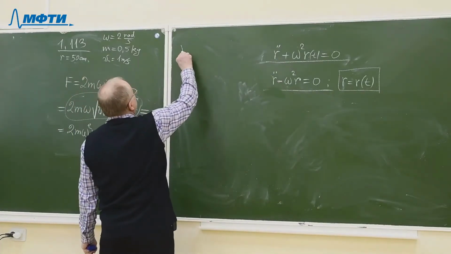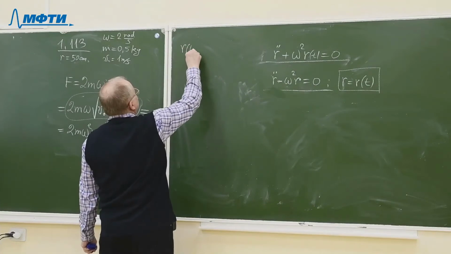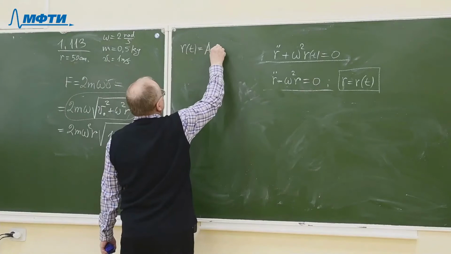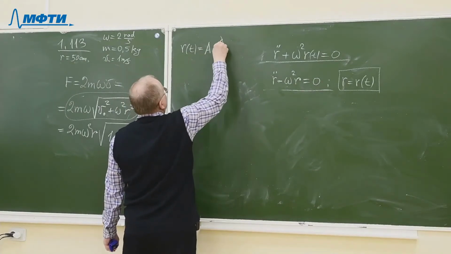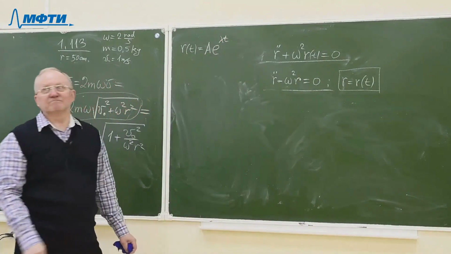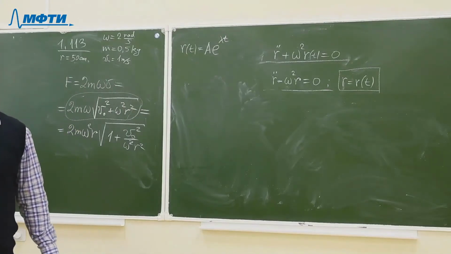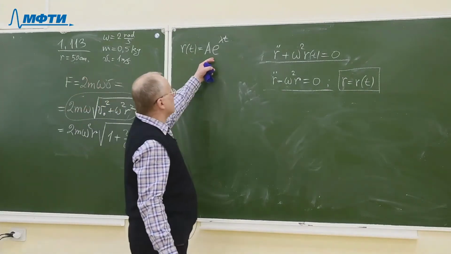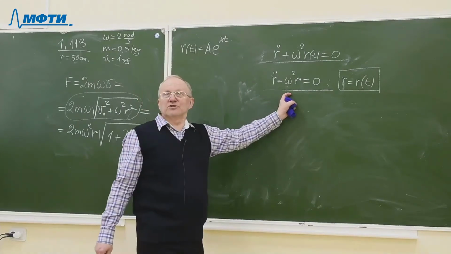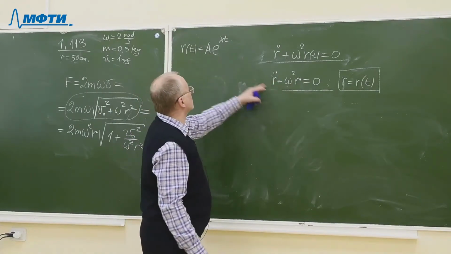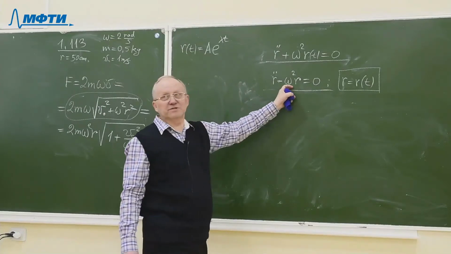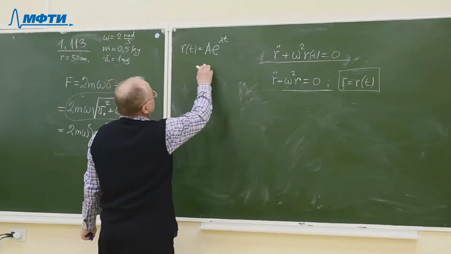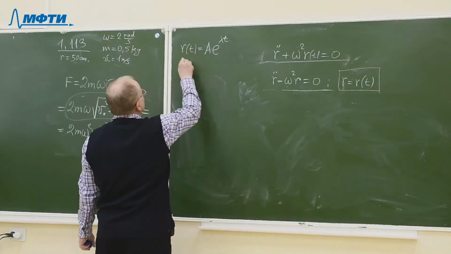We can guess that this function may be something like a exponent lambda t. Let's try this function. Let's check if this function will be a solution to this differential equation, and under what conditions this function may be a solution to this equation. So in order to check this function, we have to take the first derivative.